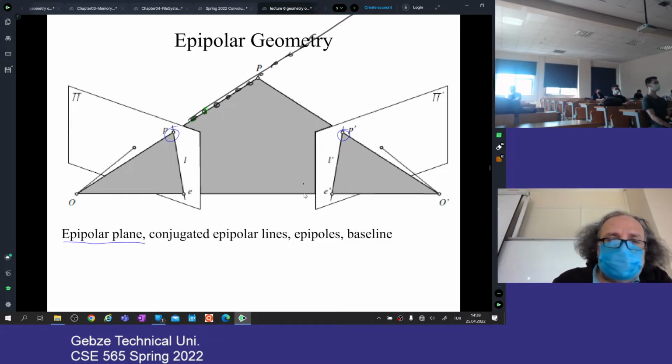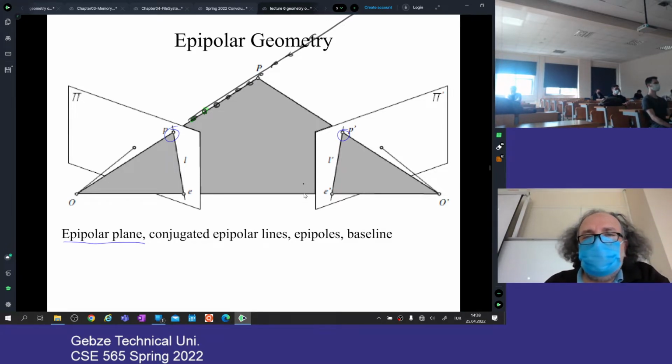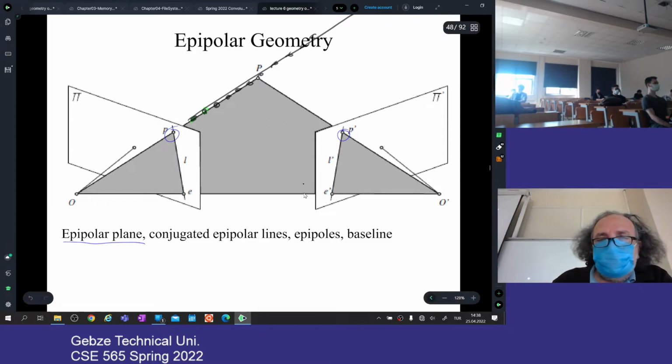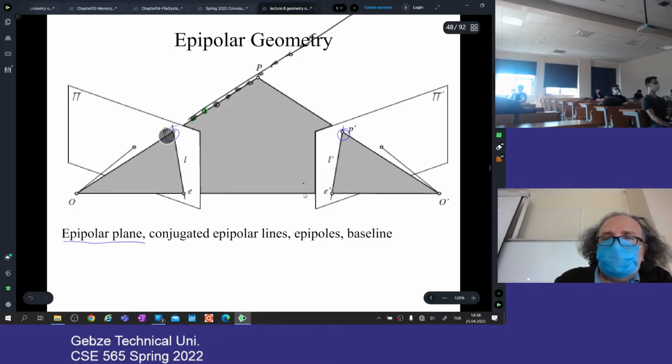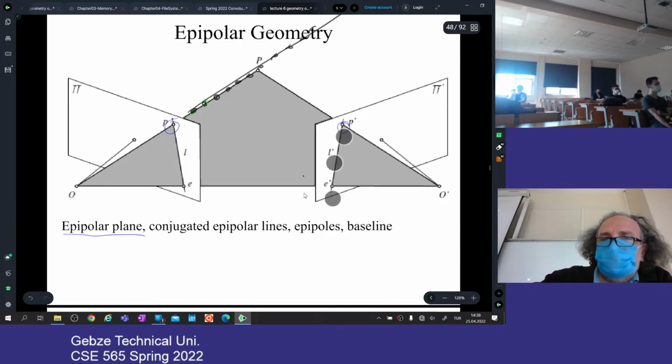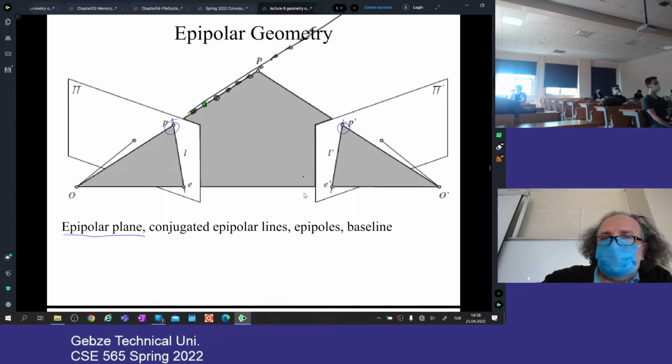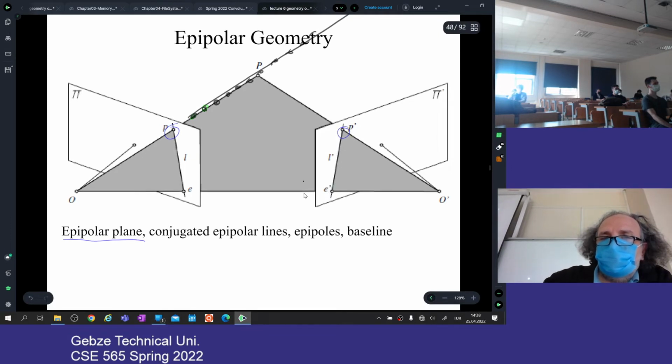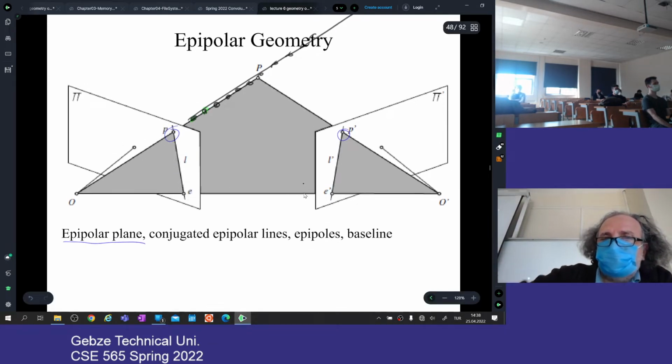So to do that, I need to make some definitions, and my formulas will depend on it. So this plane is the epipolar plane, and for this P, I have a line to make a search. Also for this P prime, there is a line to search. This L and L prime are called conjugated epipolar lines.